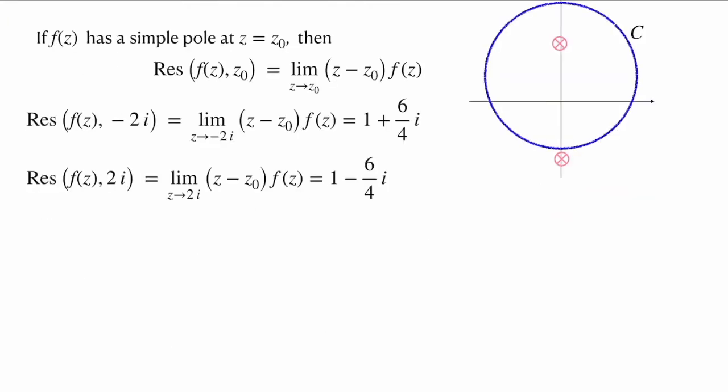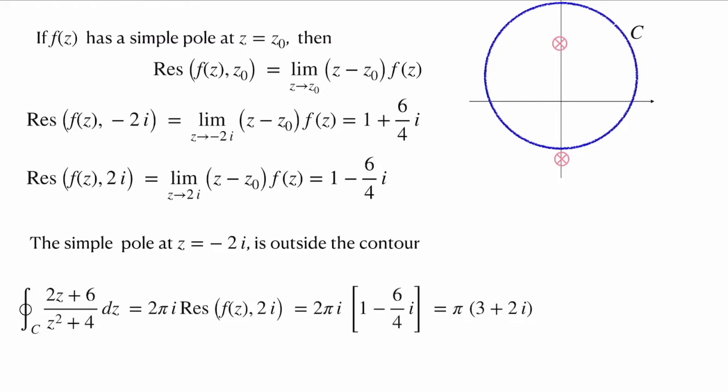We can simply compute the integral over this contour, and we see that only one singularity is inside. So we have the contour integral of 2z plus 6 divided by z square plus 4 taken over the contour mod z minus i equal to 2, which is given as 2 pi i times the residue of f of z at 2i.